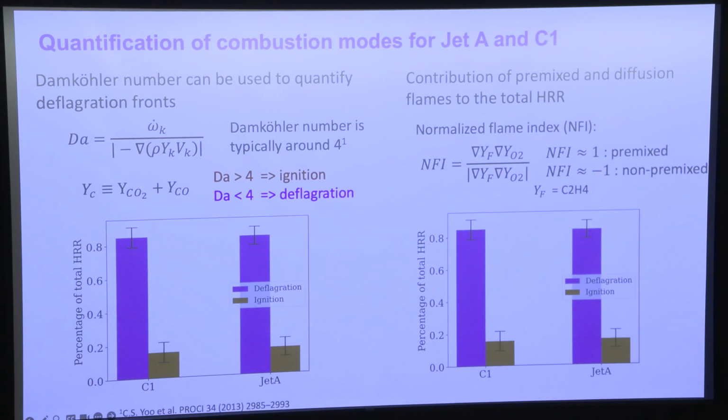And so if we look at the percentage of the total heat release that is contributed by deflagration versus ignition based on this criteria for the two fuels, C1 and Jet A, they more or less look the same. So most of the heat release rate is coming from premixed flame propagation, deflagration, rather than autoignition for both fuels.